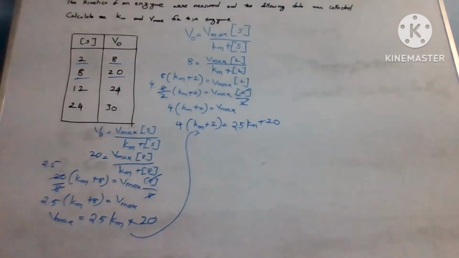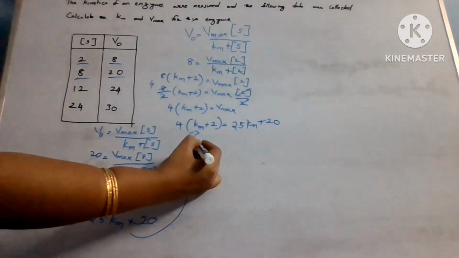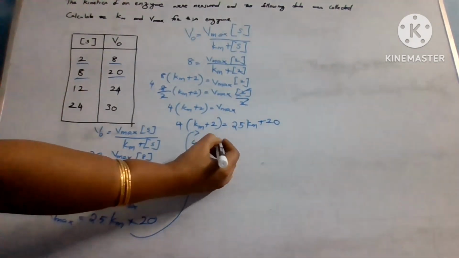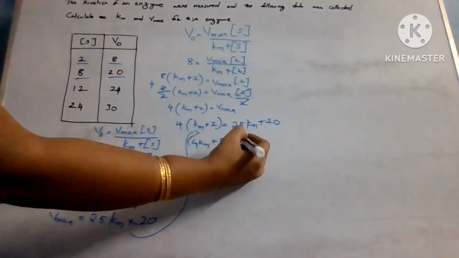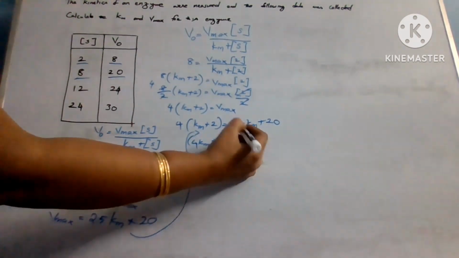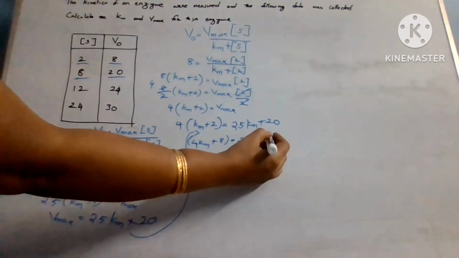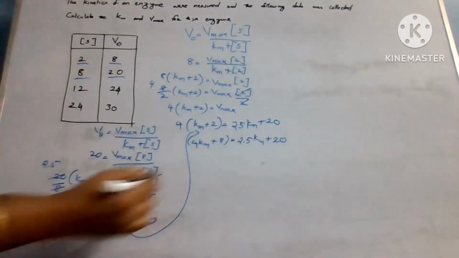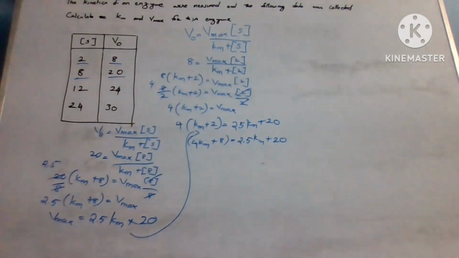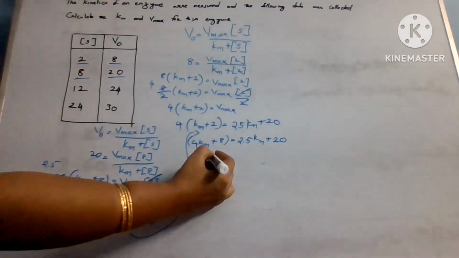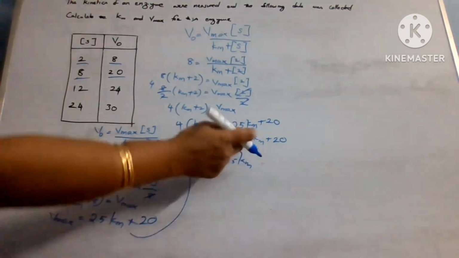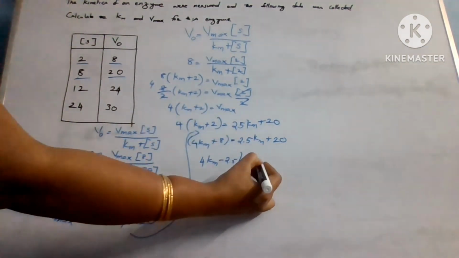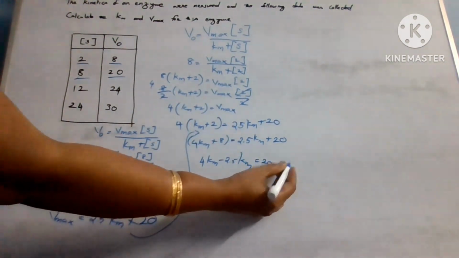Let us bring Km together on the left side. 4 Km plus 8 is equal to 2.5 Km plus 20. If we bring 2.5 Km towards the left, it will become 4 Km minus 2.5 Km is equal to 20 minus 8.